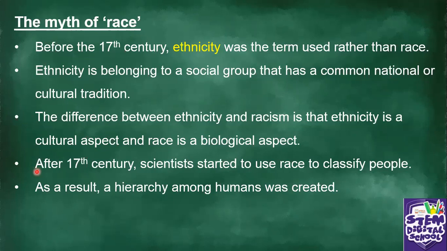After the 17th century, scientists started to use race to classify people. They came up with theories that there are black people, colored people, white people, Asian people. That is how race started. As a result, a hierarchy among humans was created.